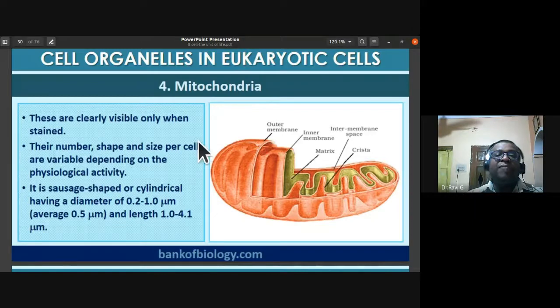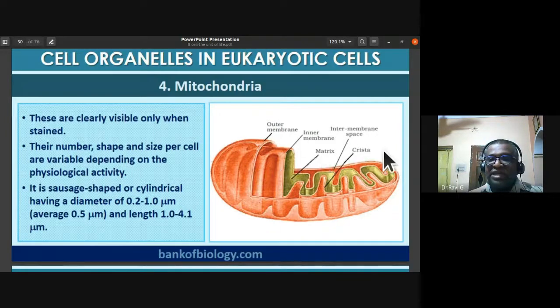The mitochondria are clearly visible when they are stained. The number of mitochondria, their shape and size might vary from cell to cell depending on their physiological activity. The mitochondrion is like a sausage. You might have seen a sausage.